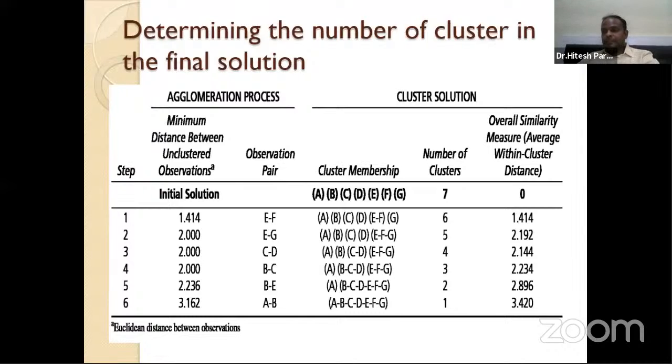Say, for example, you have 100 respondents, and it is suggesting that 3 clusters should be formed. But when you see the number of respondents, in cluster 1 you are observing 70 respondents, in cluster 2 you are observing 25 respondents, and in cluster 3 you are observing only 5 respondents.